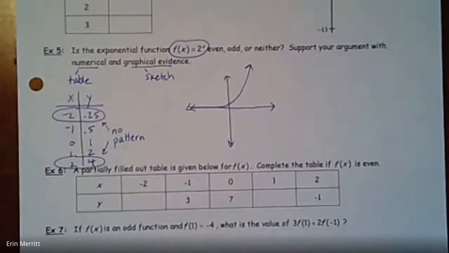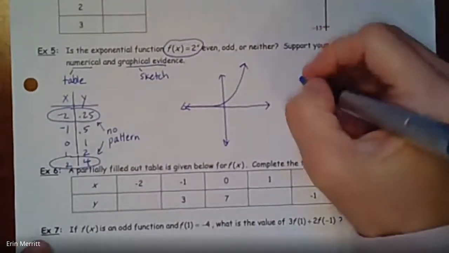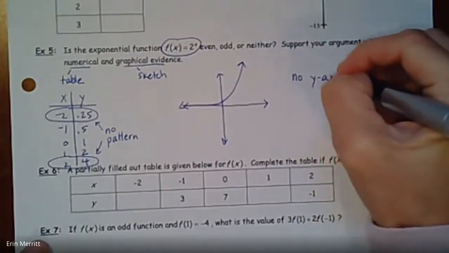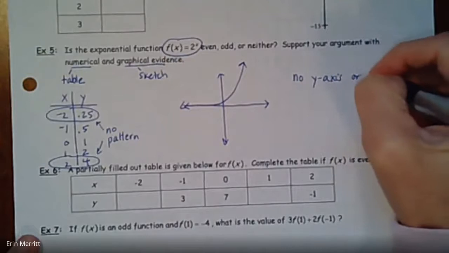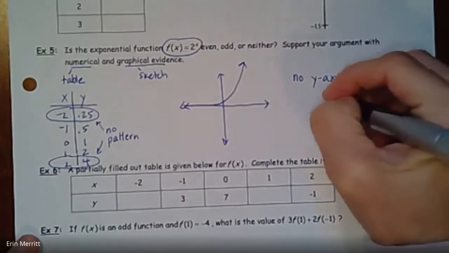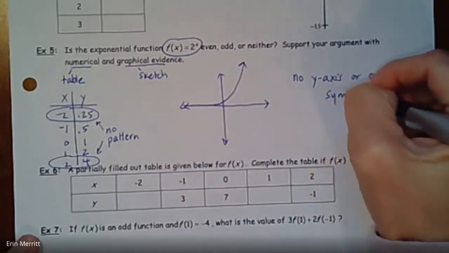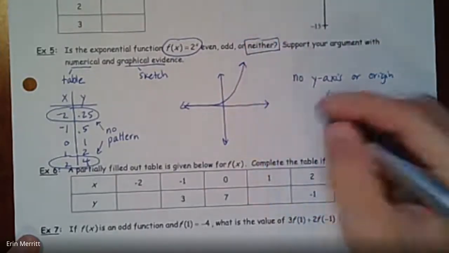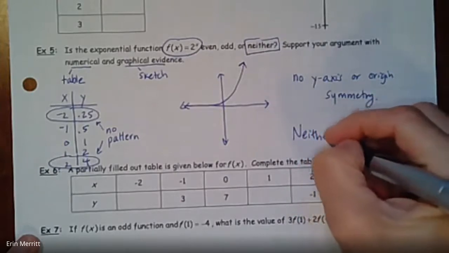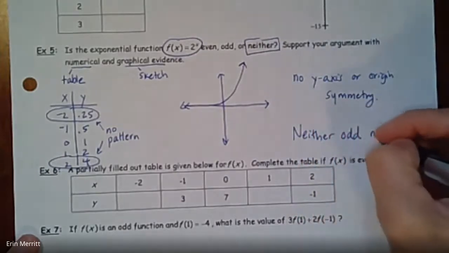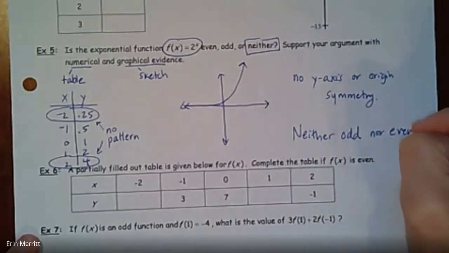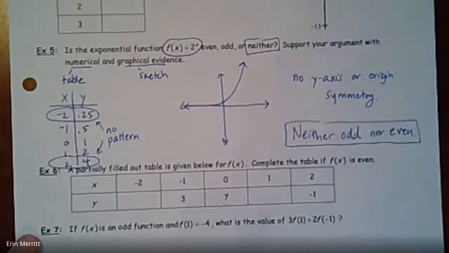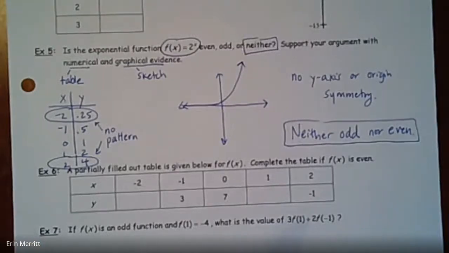And so in this case, we can actually write that there's no y-axis or origin symmetry. So at this point, what that should support is an answer of neither. This is neither odd nor even. All right, which is fine. Not everything is going to fit into one of those categories. So don't feel like you have to force it.